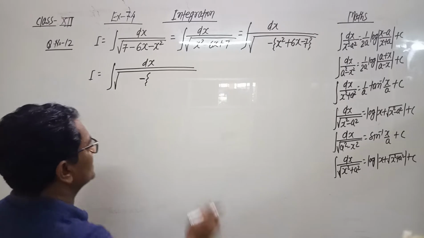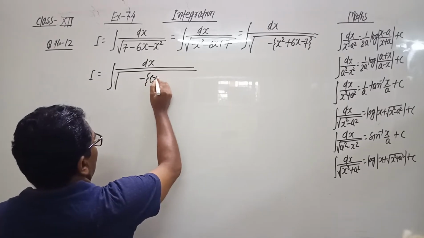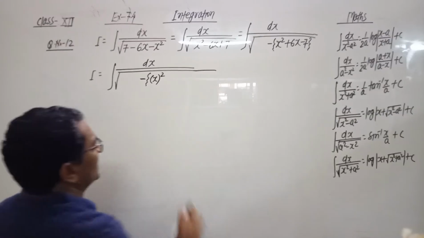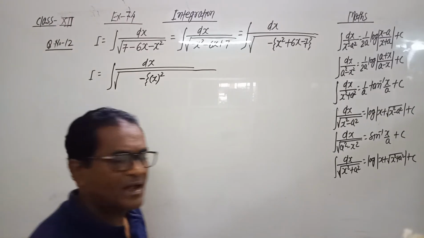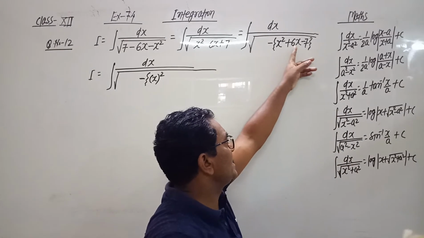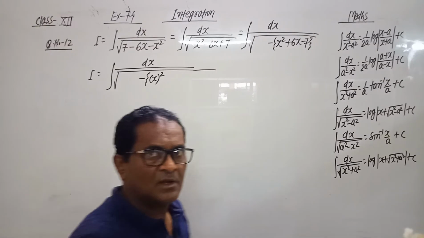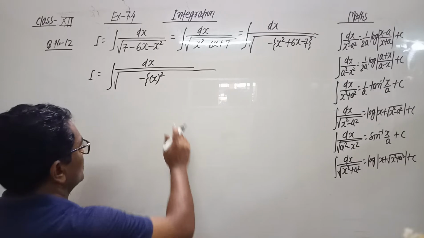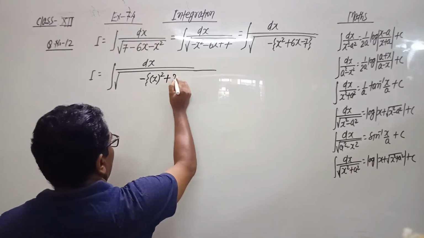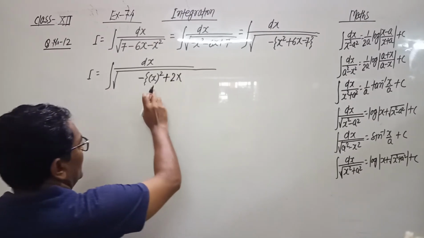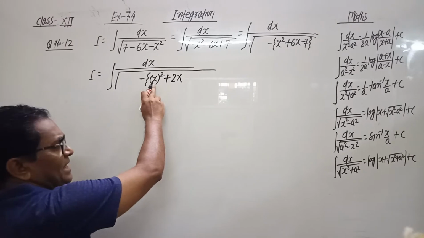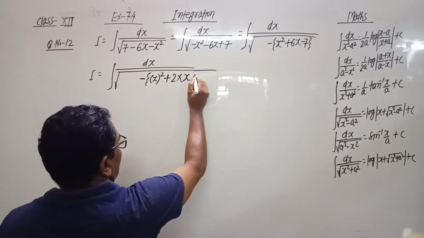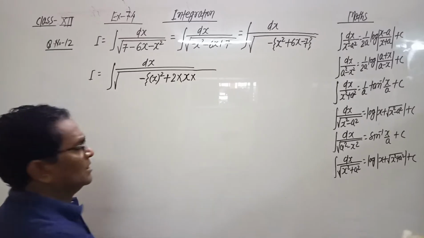So x square is written as x the whole square, and the term containing x is positive, so there must be the term 2ab. So 2 comes from the formula, and the value of a we have taken is x. So 2 into a means x, into b.